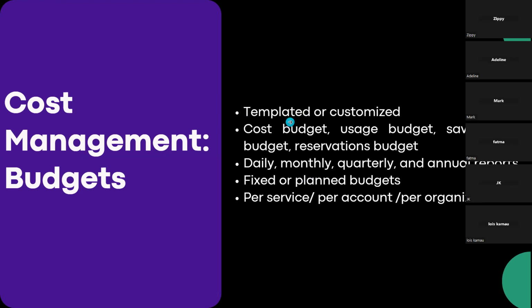And I think for the templates, there is one for the free tier, which by default sets for you a budget of, I think it's $1, subject to confirmation. And then all these other budgets, the cost budgets, the usage and the savings plans and the reservations, they always set that at a minimum of $100. So it's a good starting point if you don't have enough knowledge to set up your budget.